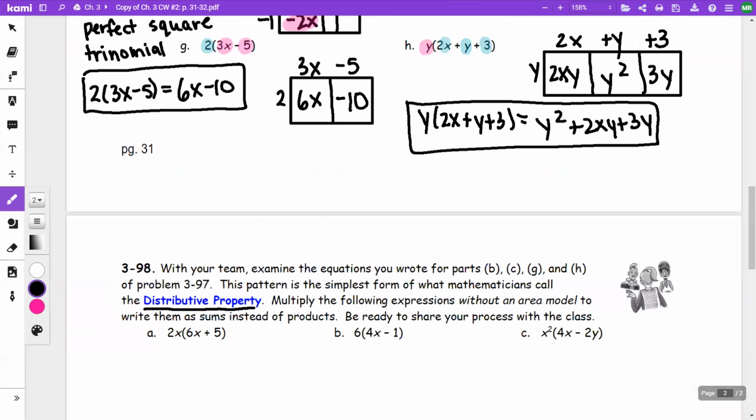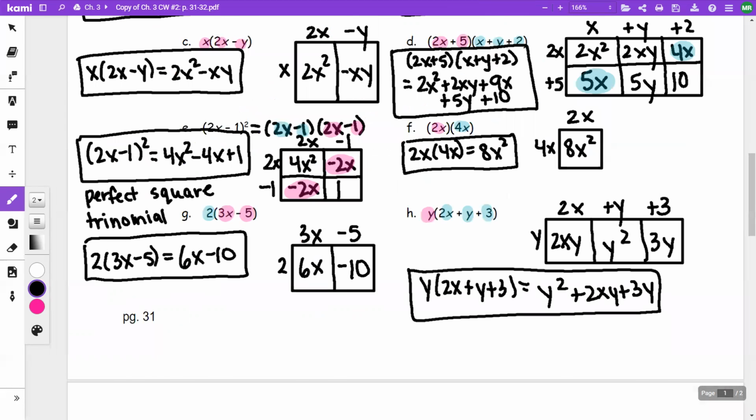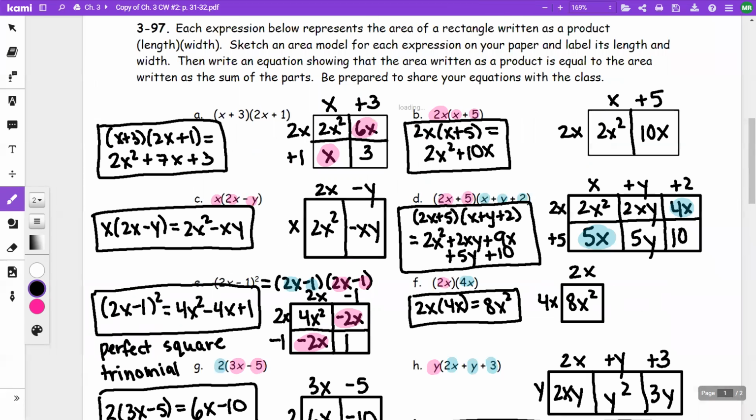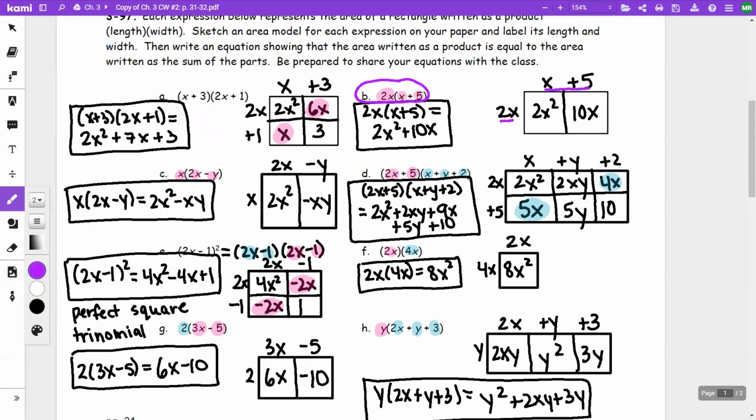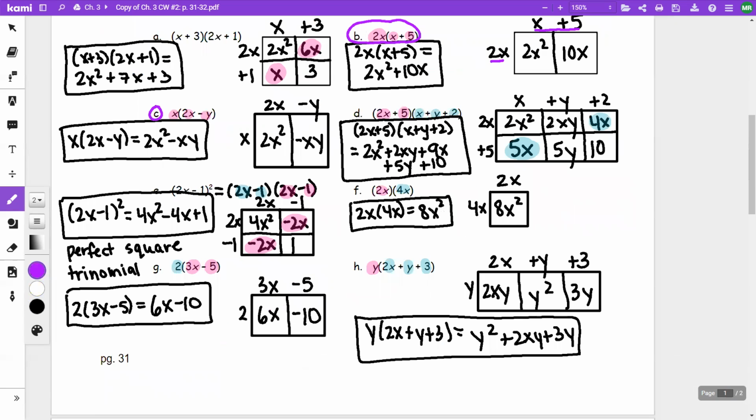So up here, the ones that they were talking about, let me circle them in purple. B here, because you'll notice that I had a single term times a double term. C here.